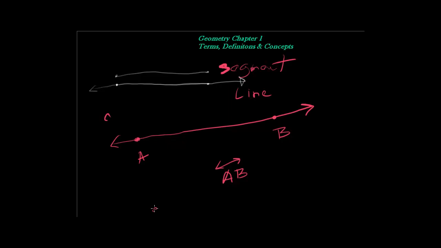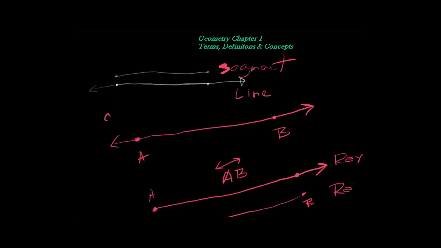And if we wanted to start at A and go this way infinitely, that's called ray AB, and that is noted that way. We could also start at B and go that way past A and include A, and that is also a ray going in the opposite direction, and that says ray AB as well, but going in the other direction.